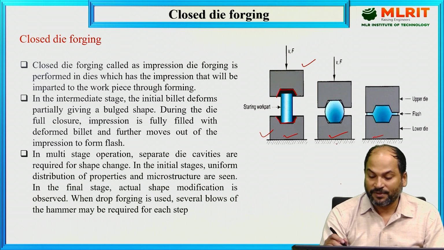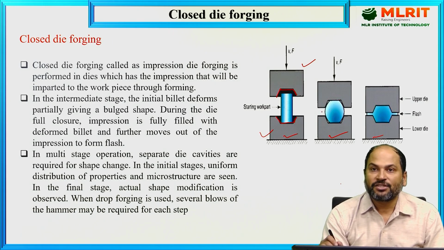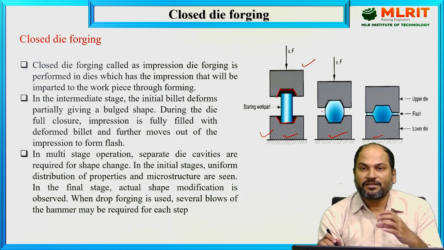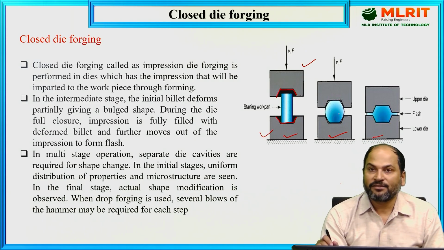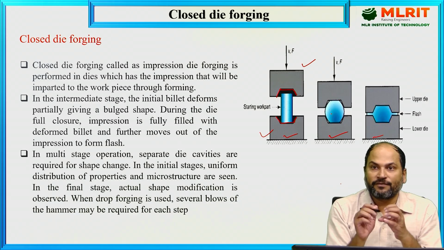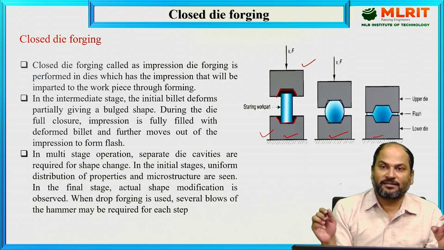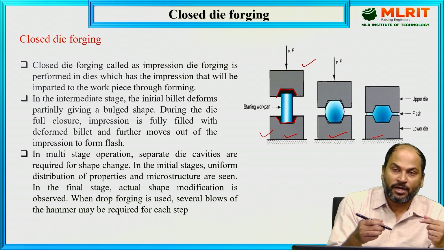If we observe slowly, because of the deformation, as it flows inside the die, it takes the shape of whatever impressions are there in the die. As the material is deforming, slowly it takes the shape of the die contour, the die impression. So it is not free to move in the transverse direction. Rather, it has to move inside the die impression or die cavity.